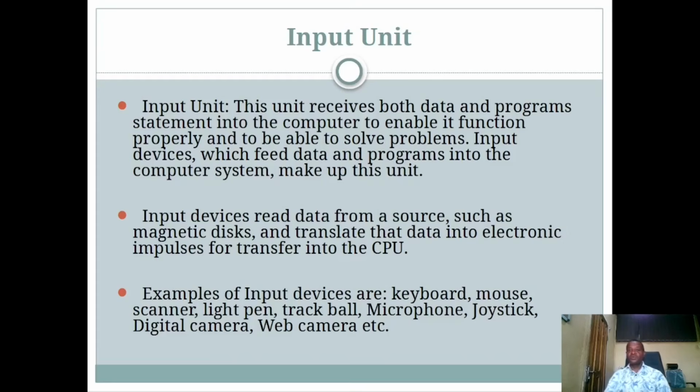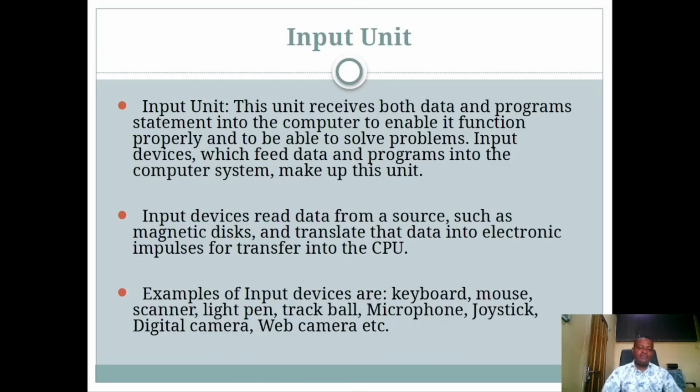So data can be gotten from these avenues into the computer system, and this data will have to be translated into electronic impulses for transfer into the CPU. So input devices read data from a source such as a magnetic disk and translate that data into electronic impulses for transfer into the CPU. The meaning of CPU is central processing unit.